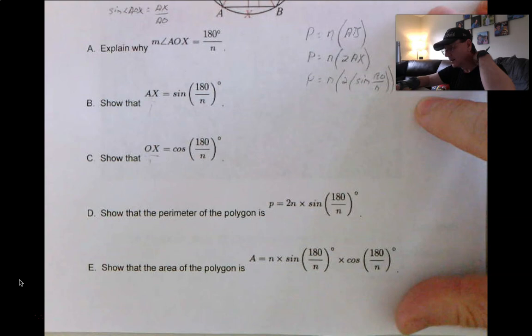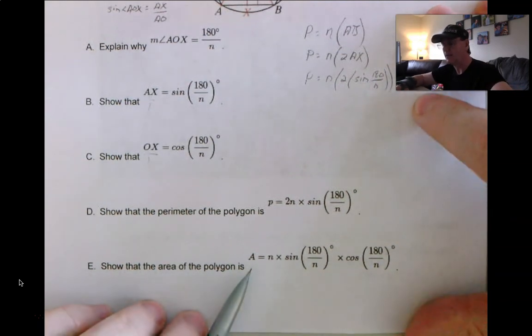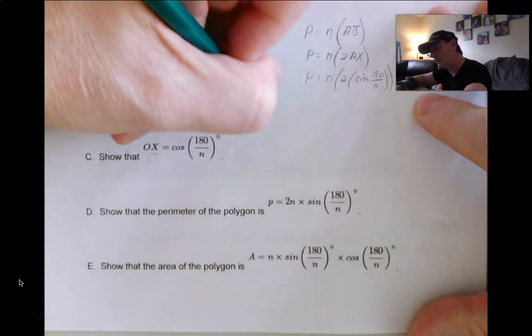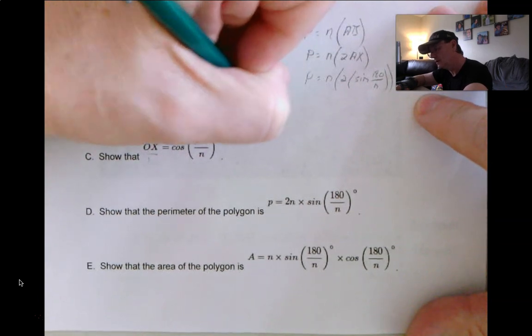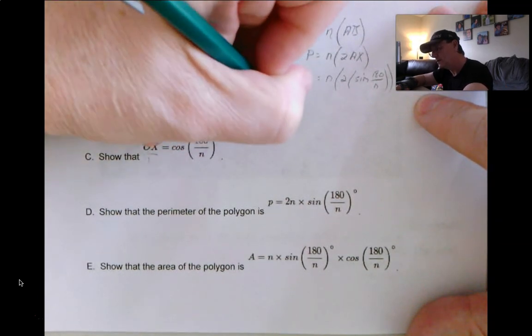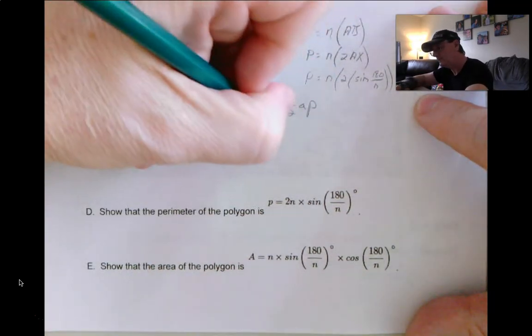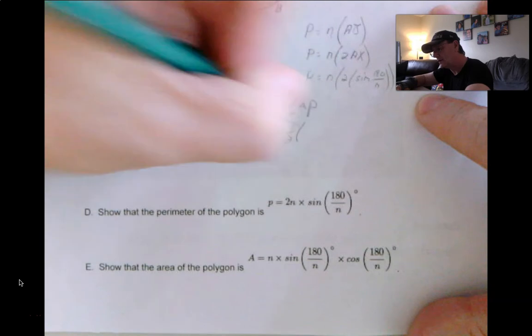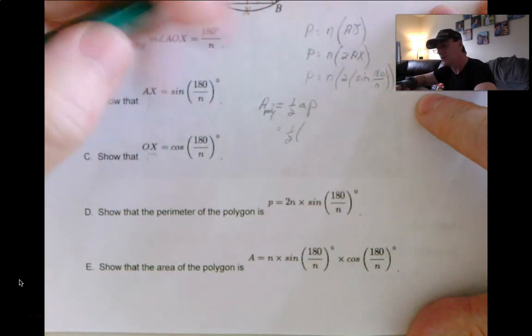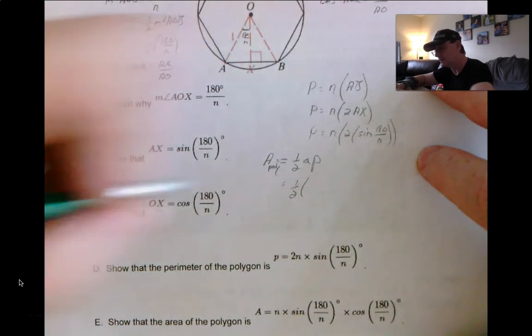That's part D. Part E, show that the area is equal to n times the sine of 180 over n times the cosine of 180 over n. Well, the area of the polygon equals 1/2 AP. The apothem is OX.